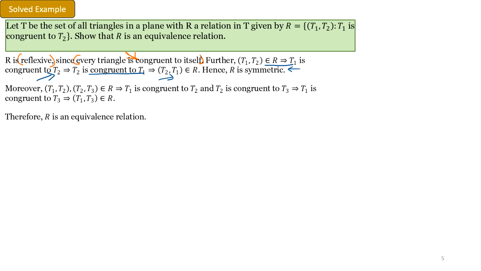Finally, (T1, T2) belonging to R implies they are congruent to each other. Similarly, (T2, T3) belonging to R implies they are congruent to each other. Hence, T1 and T3 are also congruent to each other, implying it is transitive and an equivalence relation as well.